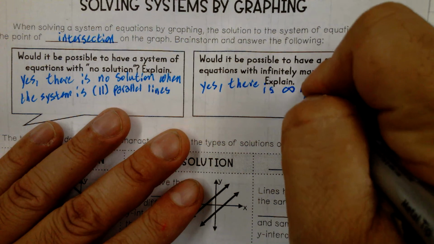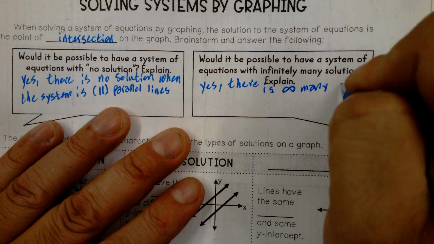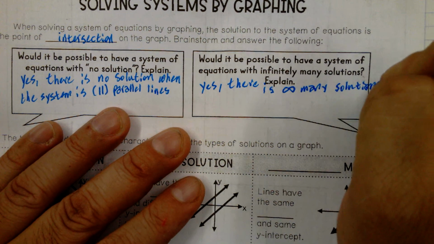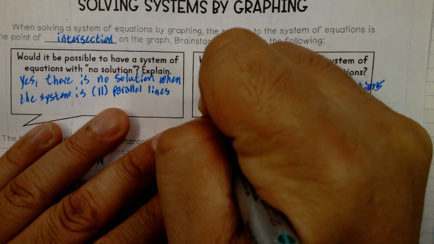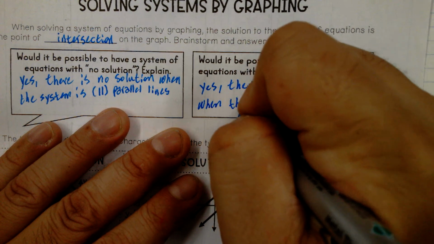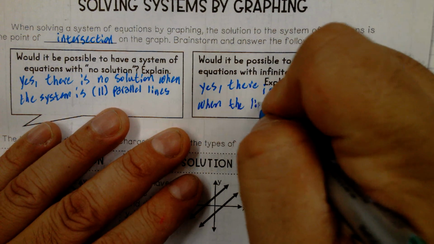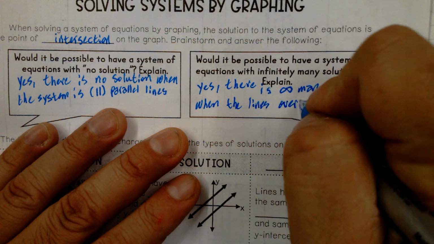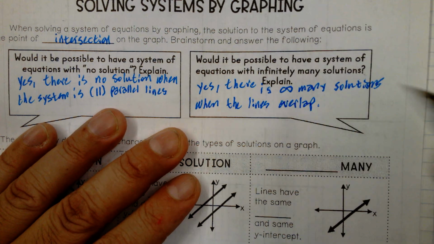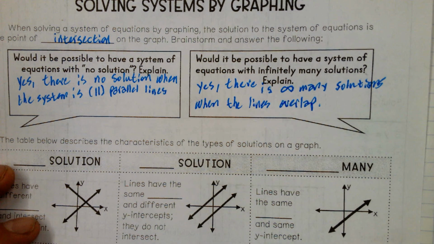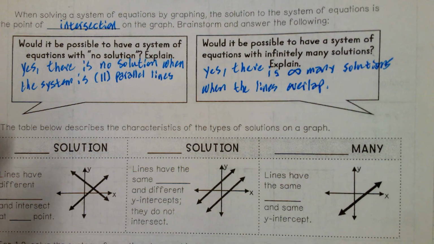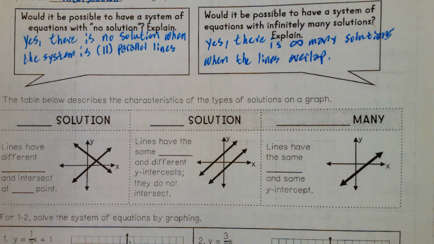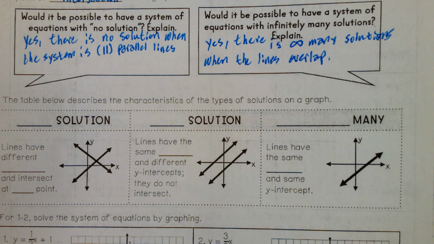Infinitely many solutions when the lines overlap. Okay. So when the lines overlap, that's infinitely many solutions.